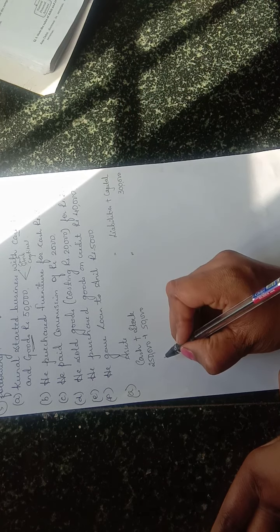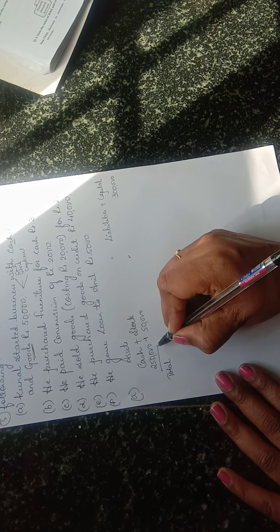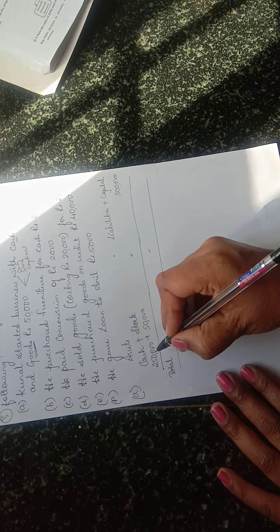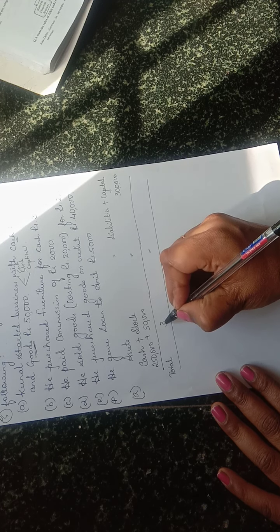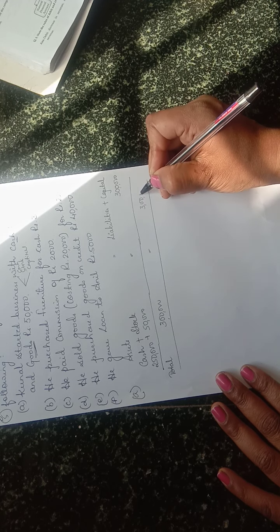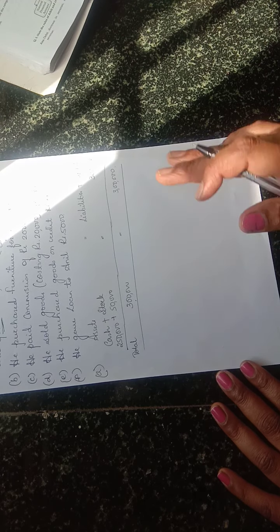So you can make the total here. Total assets is equal to total liabilities. Yes, total assets 250 plus 50, 3 lakhs. And here also total liabilities plus capital is also 3 lakhs. Right.